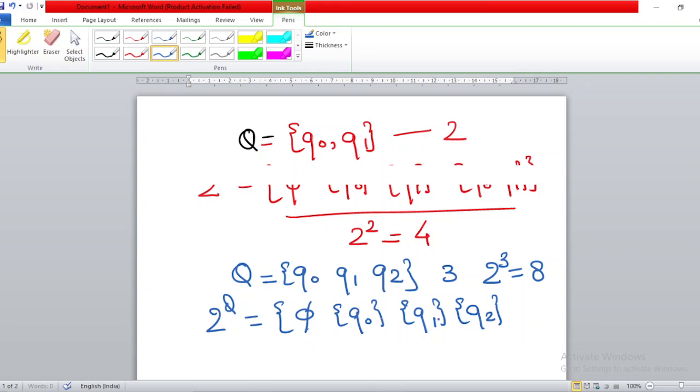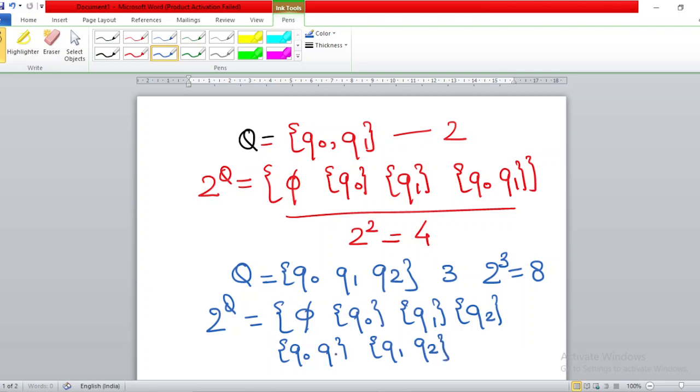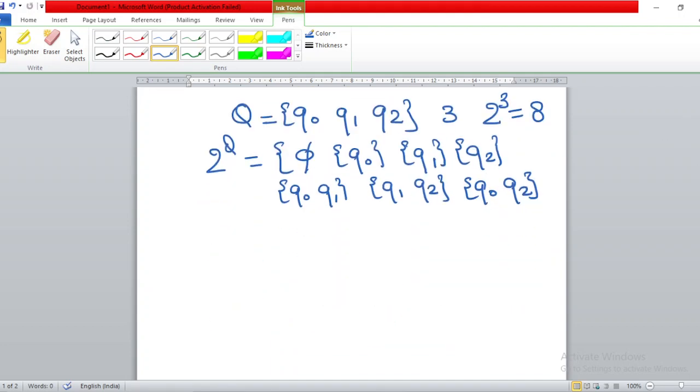Then you have q0 q1, q1 q2, you have q0 q2, and then you have the set of size 3, that is the set itself, which will be q0 q1 and q2. Alright, so count how many elements are there? 1 2 3 4 5 6 7 and this 8. 8 elements are there in this power set.